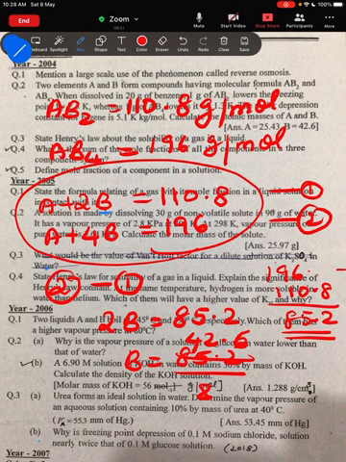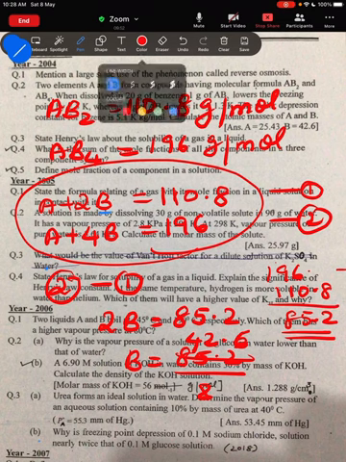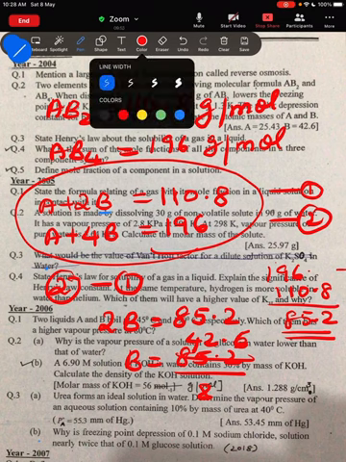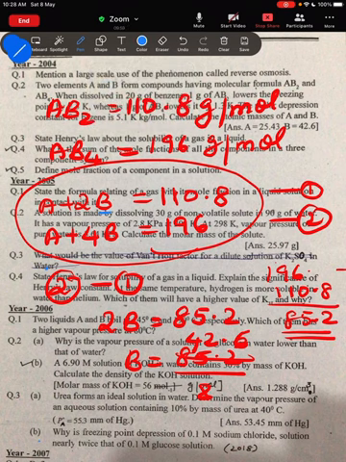What is the atomic mass of A? You substitute this B value in any of the above equations. A plus 2B, that is A plus 85.2 is equal to 110.8.